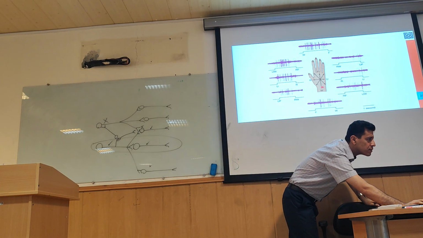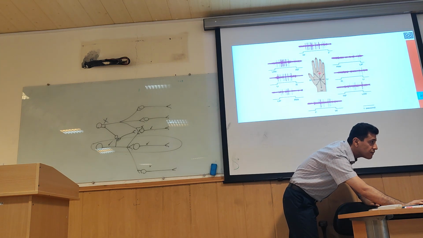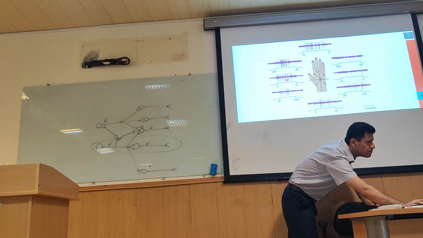When you stimulate from the wrist to the finger, you can see activation. From the finger to the wrist, you can see it. So the highest activity happens here and here, and also here.